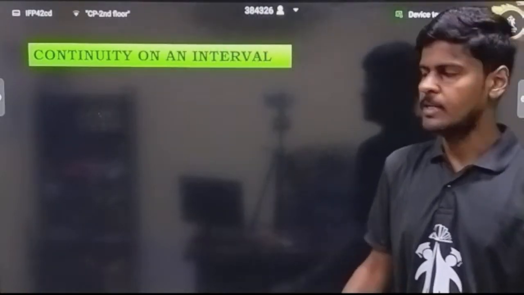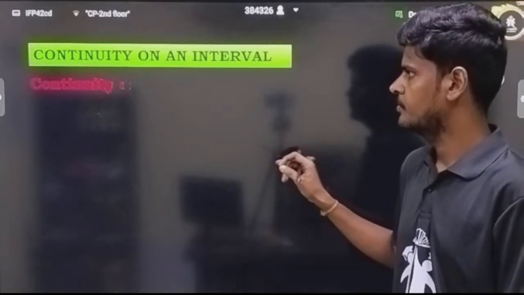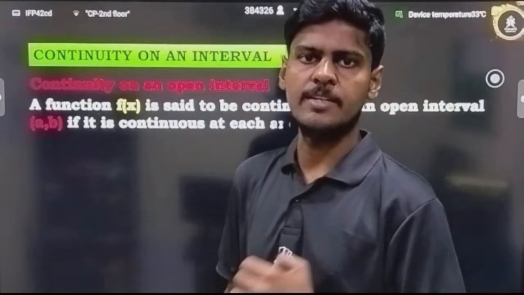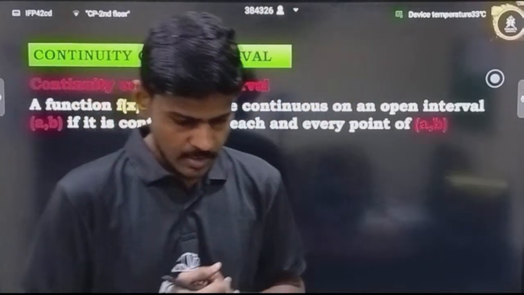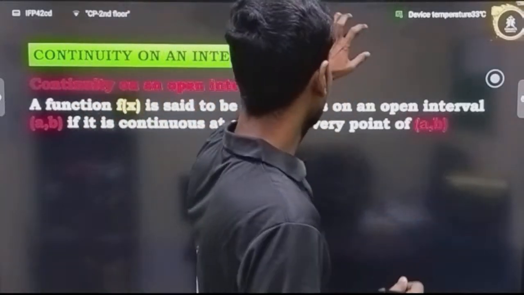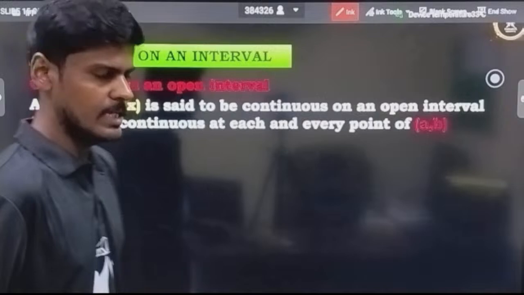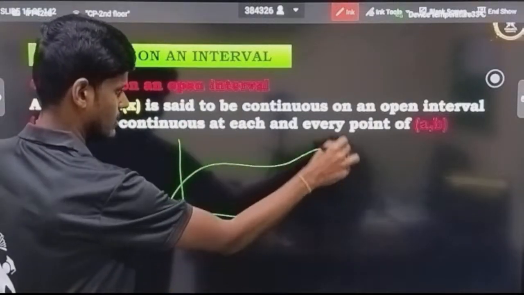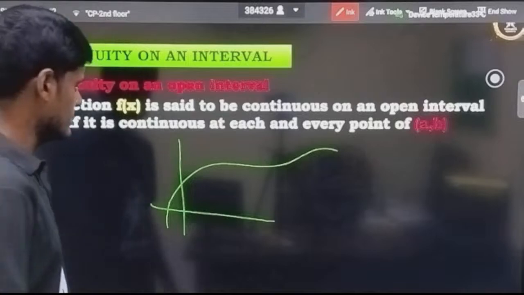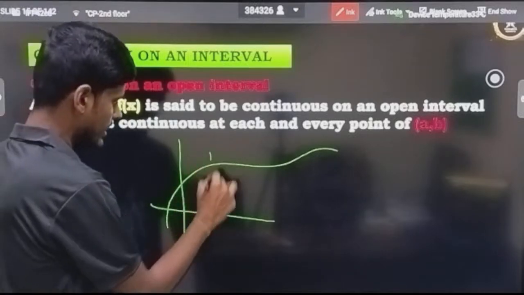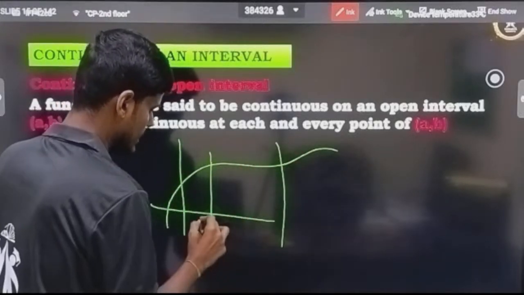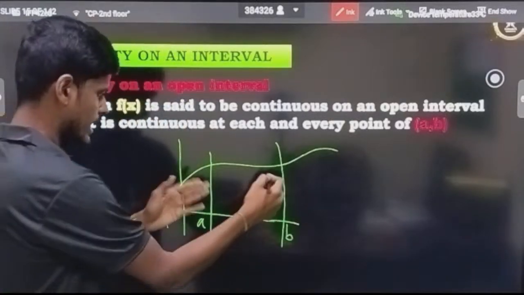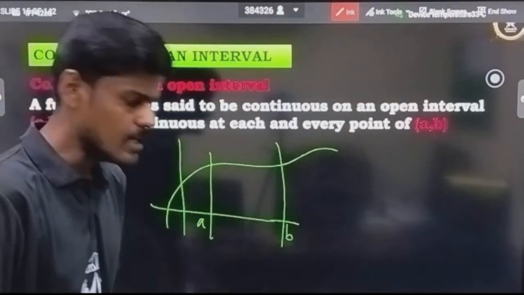Continuity in an interval: continuity in an open interval as well as a closed interval. We can discuss two cases. What does that mean? Continuity in an interval. Let's take a function like this, and the interval is between, say, this point A and B. Can you tell if this function is continuous or not?